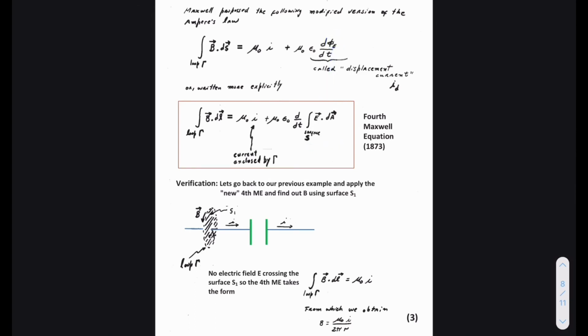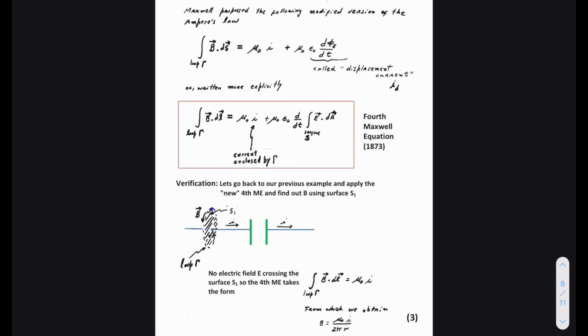Then Maxwell's fourth equation can be written in this form. Now, if we apply this equation in the previous example, in both cases we would get the magnetic field to be equal to this quantity.